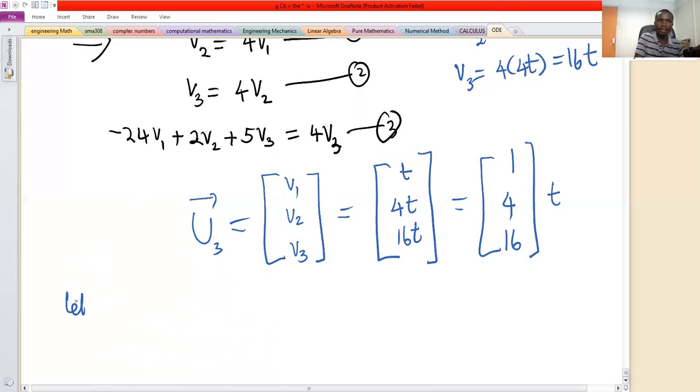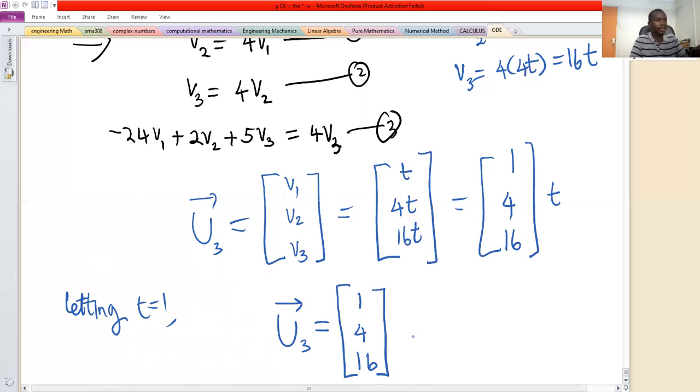And letting this t to be 1, then U3 is given as 1, 4, 16. So that is our U3, 1, 4, 16.